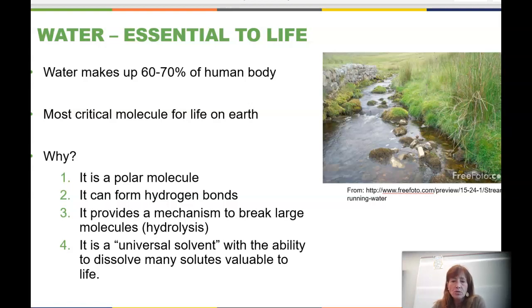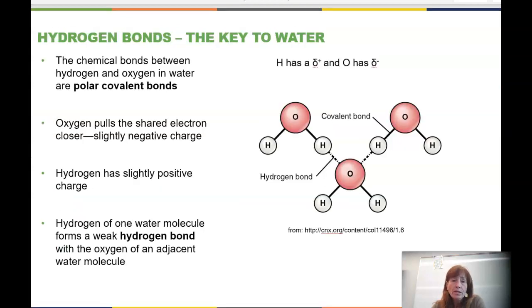As you remember, it provides a means to break larger molecules into smaller ones through that process we know of, called hydrolysis. And it's a universal solvent, meaning it has the ability to dissolve a large variety of materials, which is valuable to us.